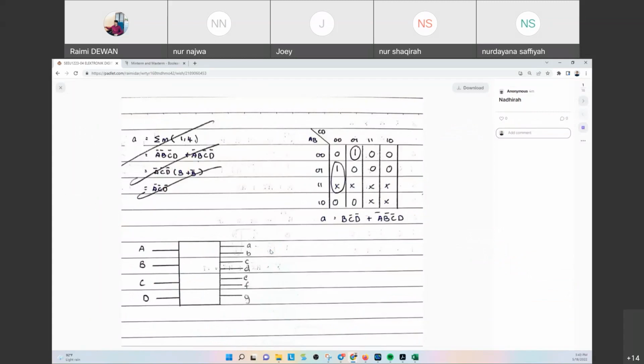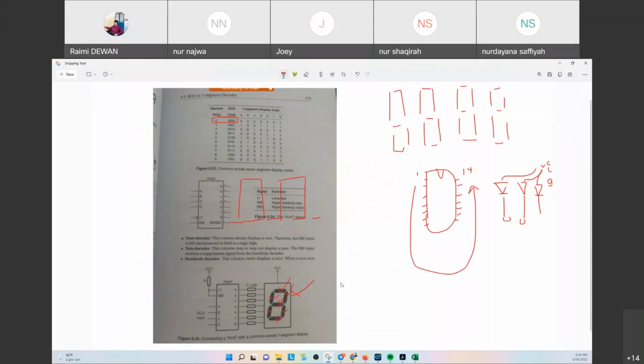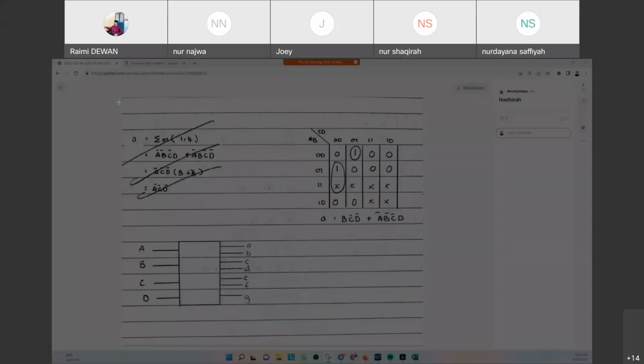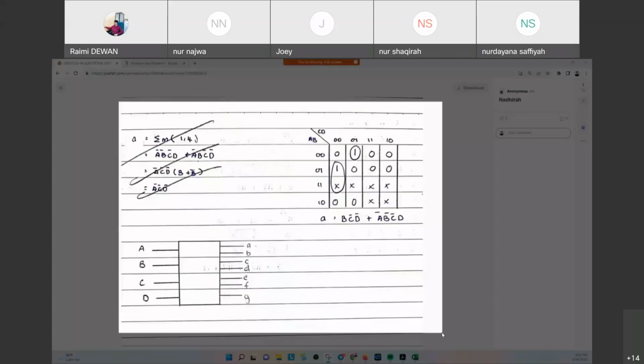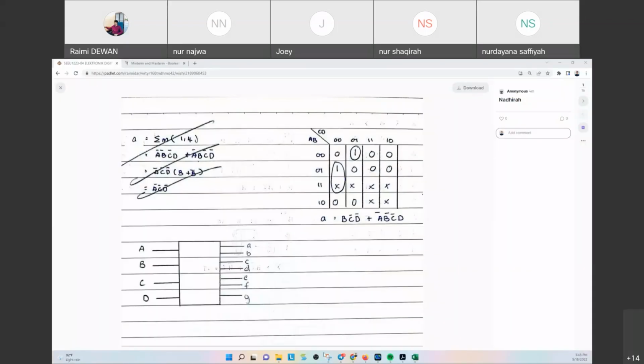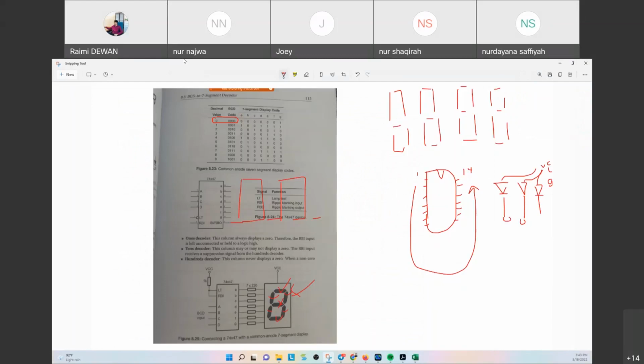Apa yang tak complete? Yes, the diagram. So you didn't have this diagram. Okay. Wait.